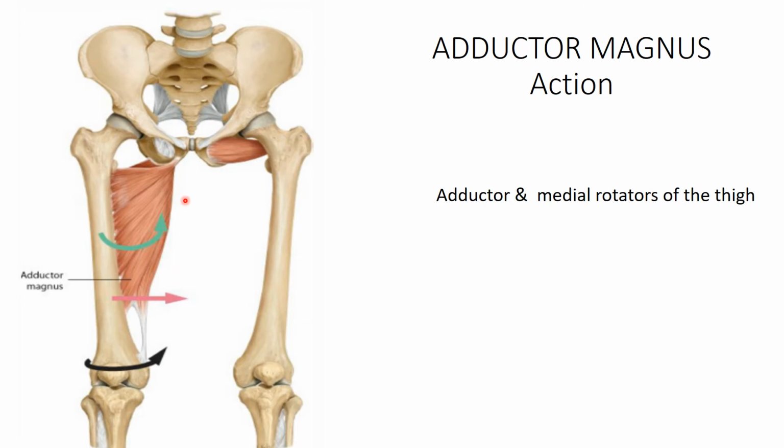So these are about the adductor muscles, but one should always appreciate that these adductors are not in action in the standing erect posture. When you abduct your thigh and then it causes adduction, this is mainly done by gravity itself.